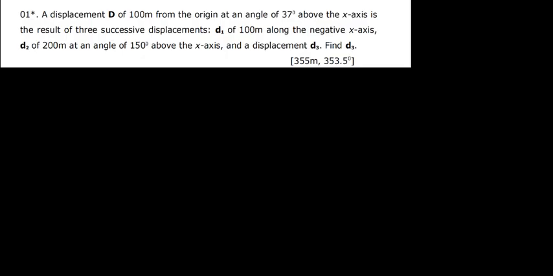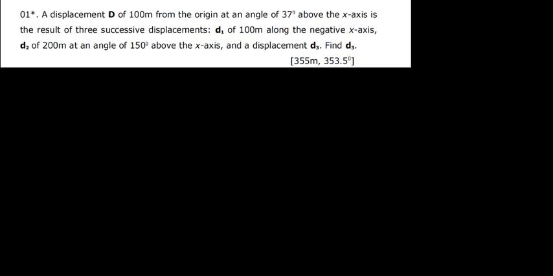We are saying a displacement D of 100 meters from the origin at an angle of 37 degrees above the x-axis is the result of three successive displacements: d1 of 100 meters along the negative x-axis, d2 of 200 meters at an angle of 150 degrees above the x-axis, and a displacement d3.